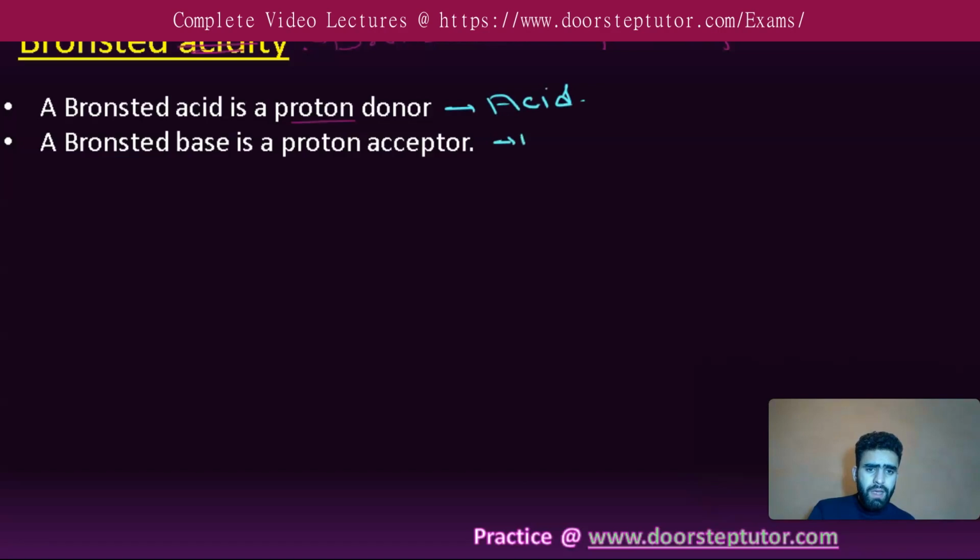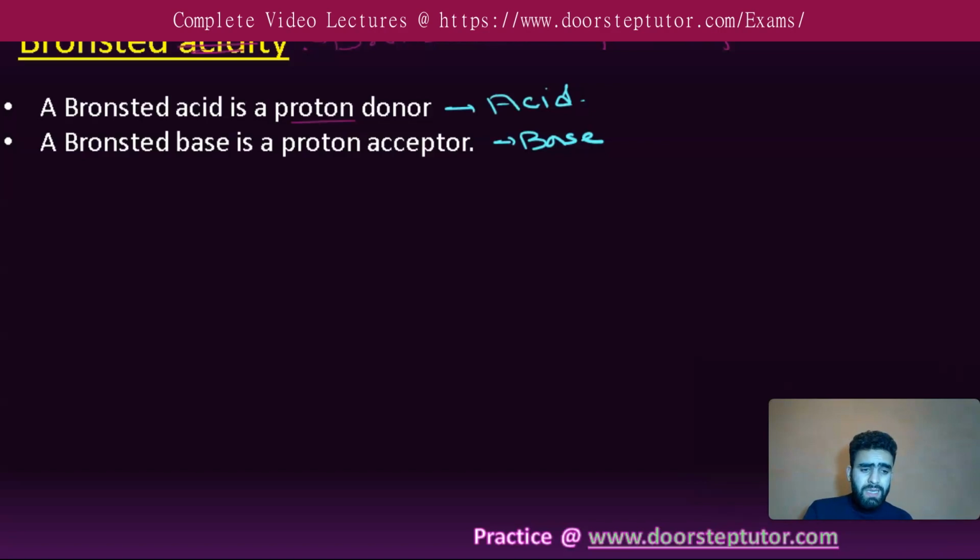So according to the Bronsted-Lowry concept, a substance which has a tendency to lose hydrogen ion, or donate a proton, will be considered an acid, and a substance which has the capacity to gain a hydrogen ion, or accept a proton, is considered a base.